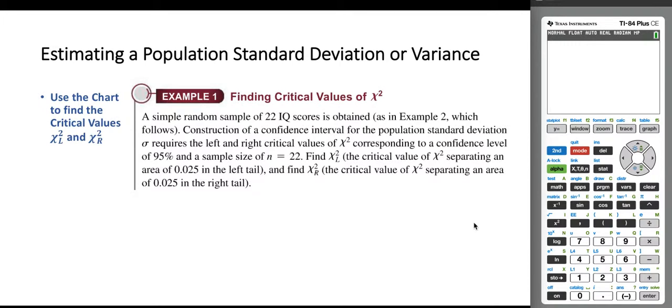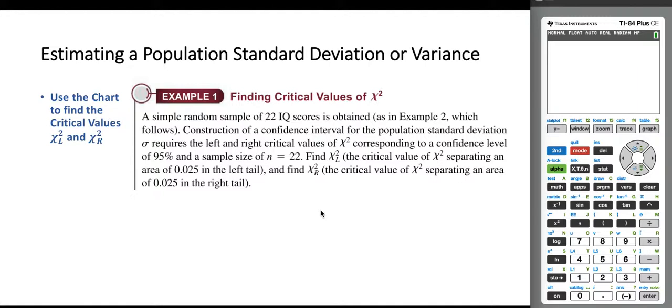Okay, so let's talk about how we're going to find critical values. Let me read through this example. So a simple random sample of 22 IQ scores is obtained. Construction of a confidence interval for the population standard deviation sigma requires the left and right critical values of chi-squared corresponding to a confidence level of 95% and a sample size of n equals 22.